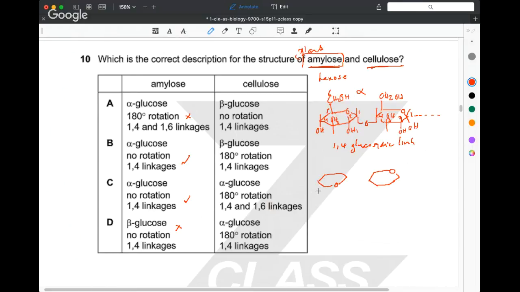It's rotated through 180 degrees. And so our carbon number 6 has now ended up down here, isn't it? And then you've got these other OH groups around the glucose molecule.